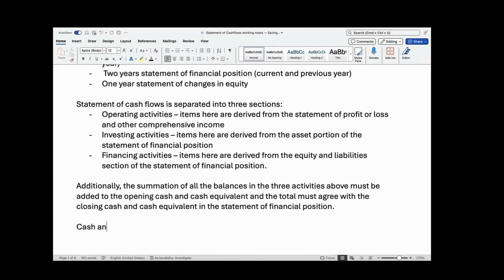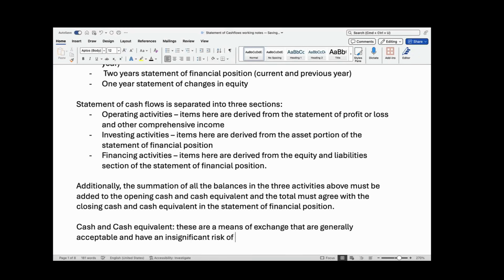I mentioned cash and cash equivalent. So these are a means of exchange in any country that are generally acceptable and have an insignificant risk of changes in value.